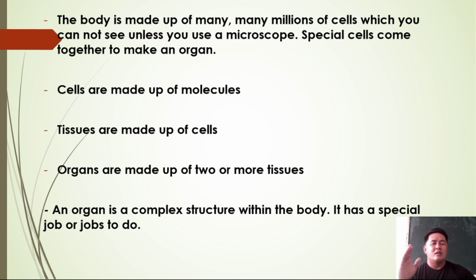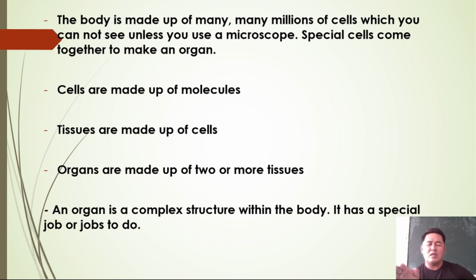So molecules are small, and they make up the cells. Tissues are made up of cells. Then, organs are made up of 2 or more tissues. Okay, so it is clear.